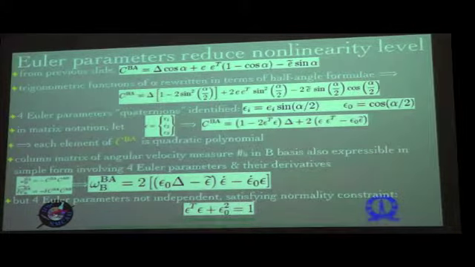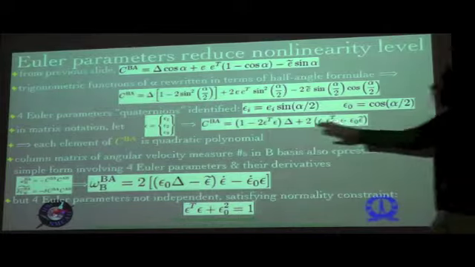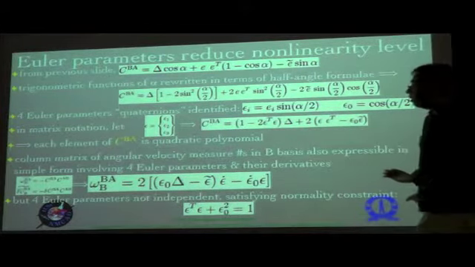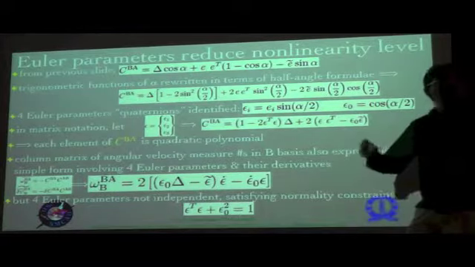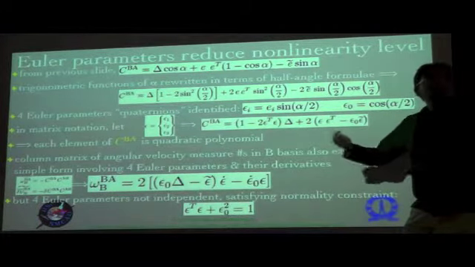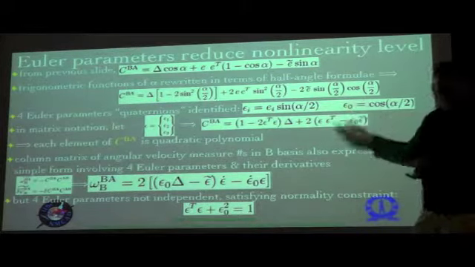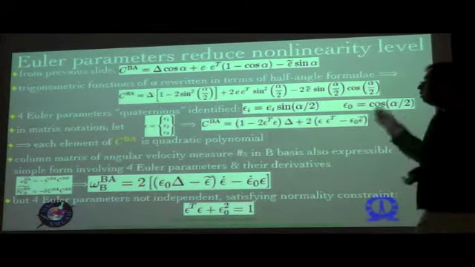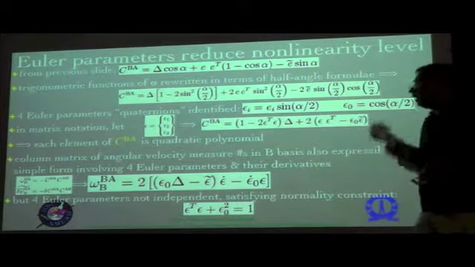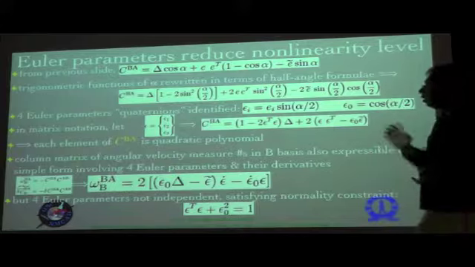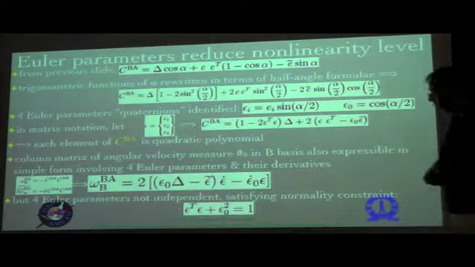In other words, to avoid the singularity, you see that there is no singularity appearing here because we are retaining 4 parameters. It's not that you can choose your 4 parameters in any particular way to avoid the singularity; you have to choose in an appropriate way. But when you have only 3, by eliminating the constraint equation, then in all situations you will have a singularity.